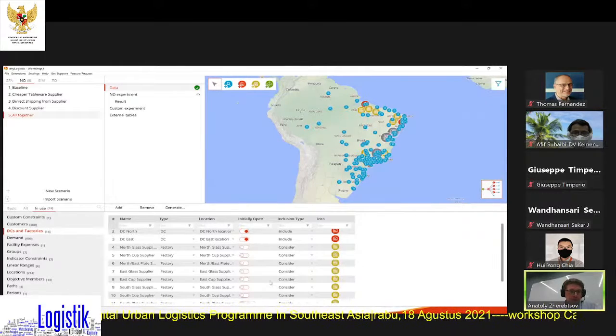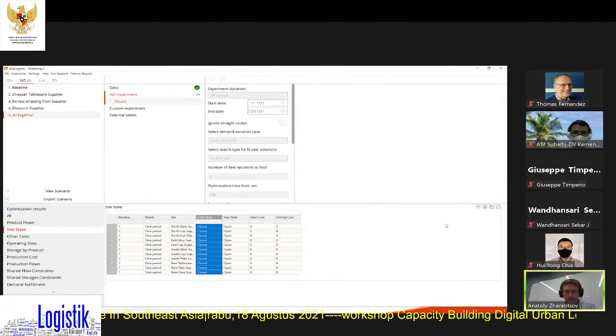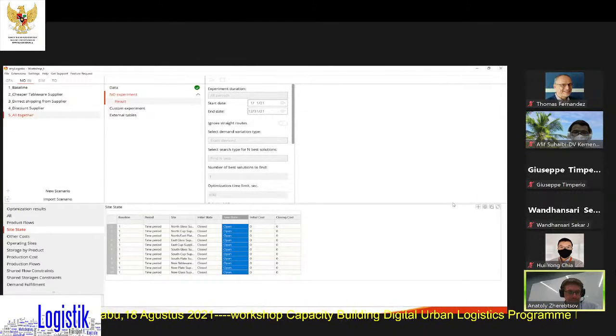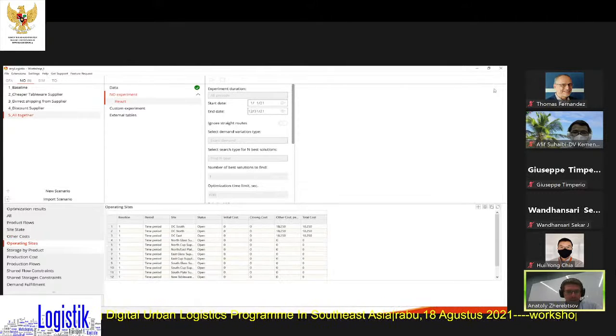That's why in this site state table we see that initially closed facilities become open. That table shows other costs implied for certain facilities. That is a different view on the 2 previous tables, status of the facility and the cost.